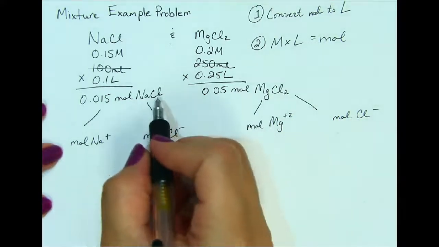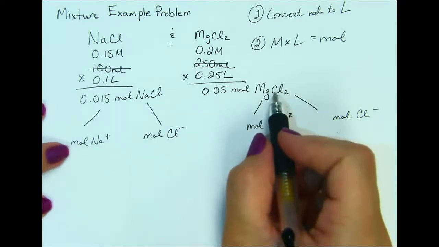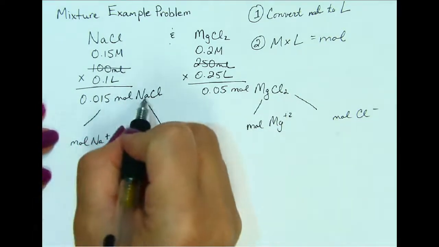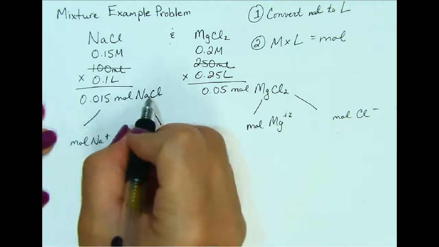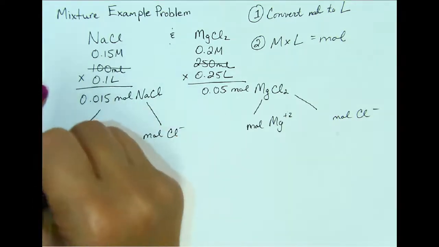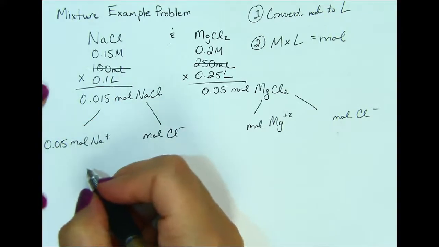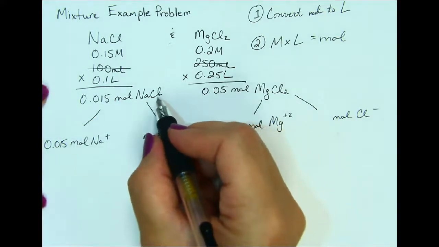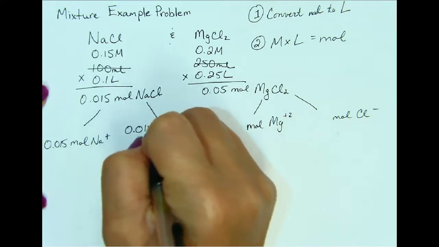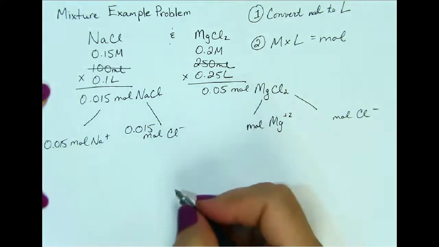So when these dissolve, I'm going to get sodium and chloride, and here I'm going to get magnesium and chloride. Because there's only one sodium here, it's a 1-to-1 ratio between sodium chloride and the sodium ion, so it's going to be 0.015 moles of sodium. Again, 1-to-1 ratio between sodium chloride and chloride, so we're going to get 0.015 chloride ions from this solution.